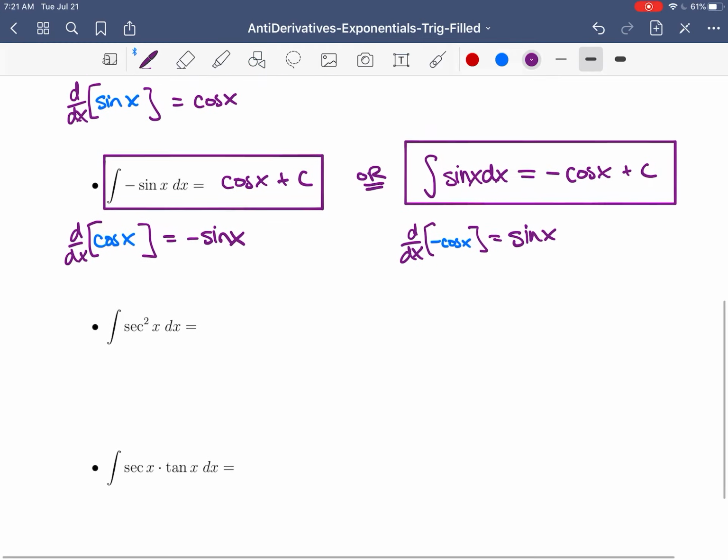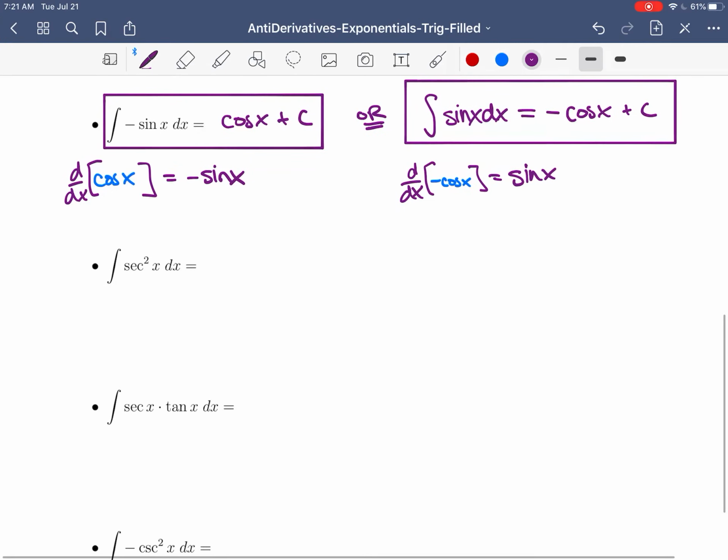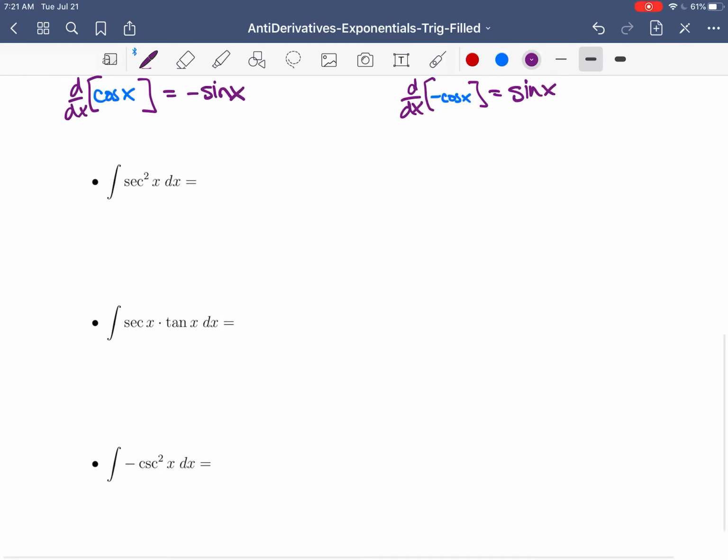Now we can't find the antiderivative of secant x, but we do know the antiderivative of secant squared x, because remember that the derivative of something is secant squared x, and that something is tan x. So this is going to be tan x plus c.